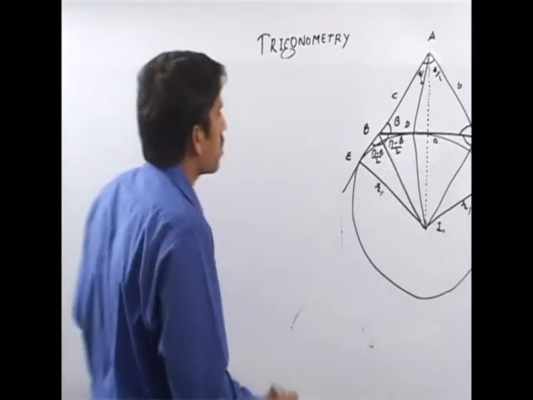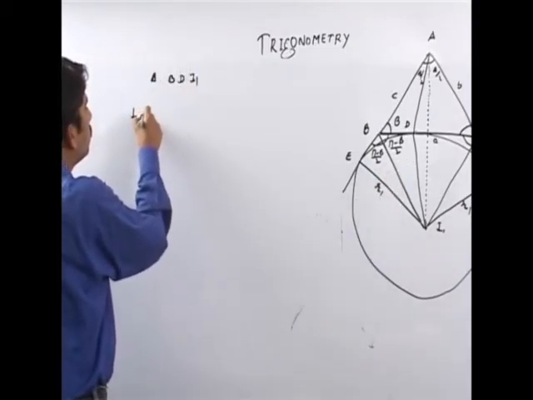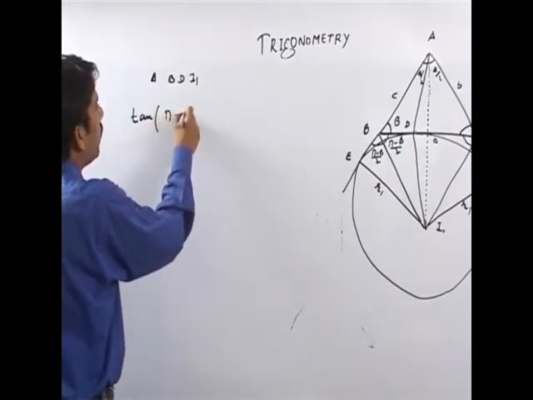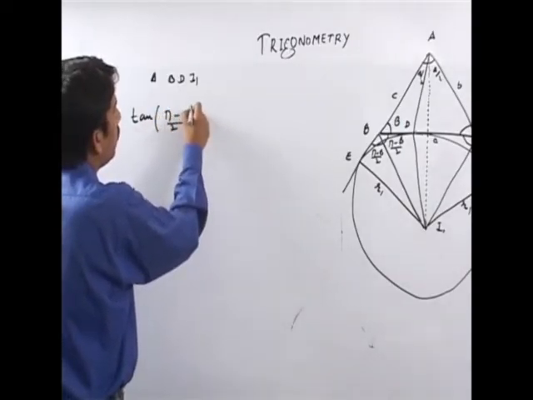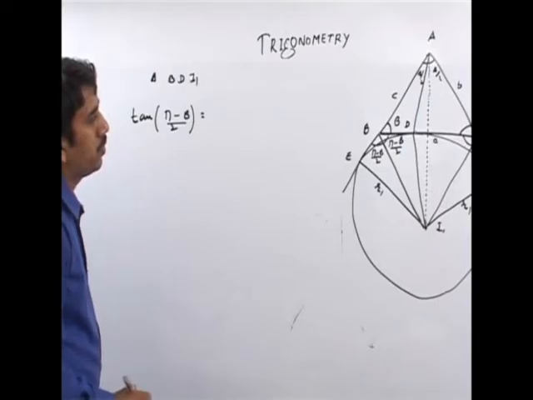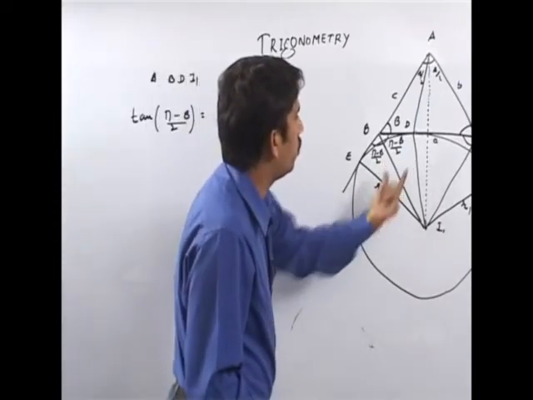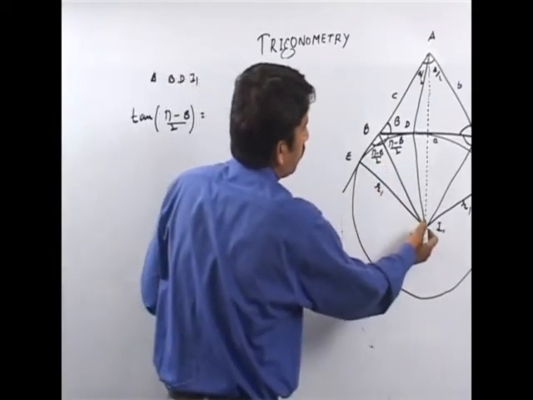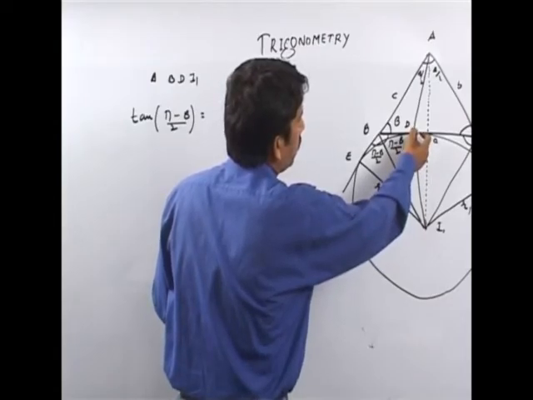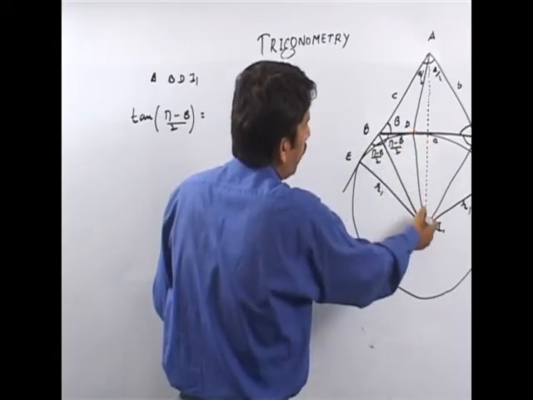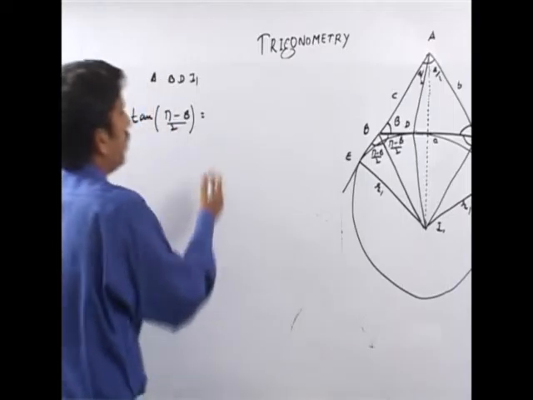then tan of pi minus B by 2 will be equal to what? This I1D is perpendicular and this is BD.